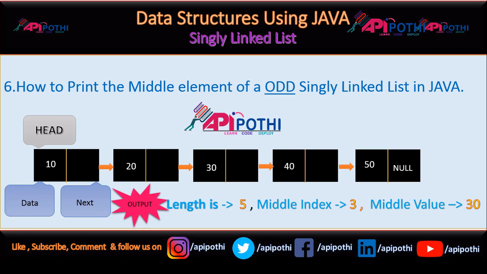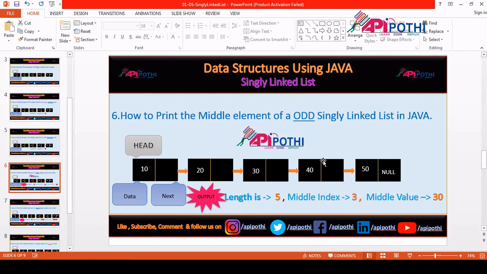In the next program we will be focusing on the even singly linked list, and in the program after that we will write a consolidated or generic logic to find the middle element of any singly linked list, either even or odd. But for now our current goal is to find the middle element of an odd singly linked list. Okay, let's begin then.